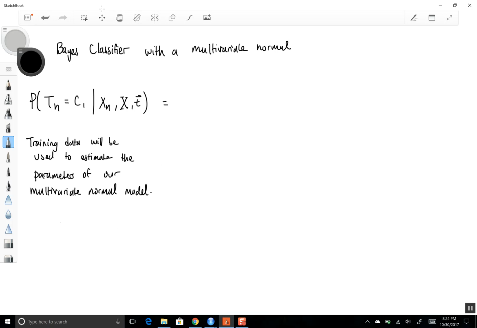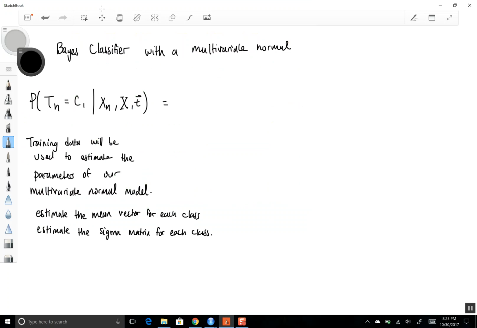Okay. So you'd estimate the mean vector for each class, and you'd estimate the sigma matrix for each class. Generally, you'd probably just use your sample mean and sample covariance matrix, and you would plug that into your multivariate normal, right?